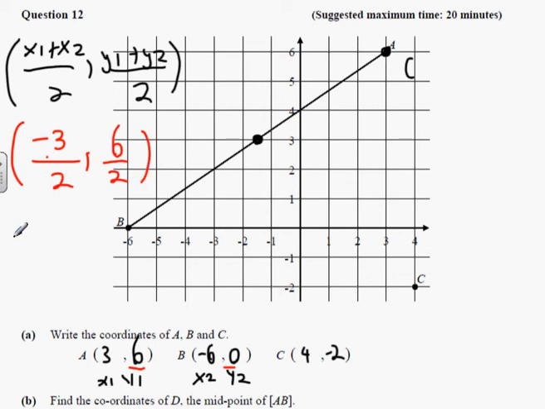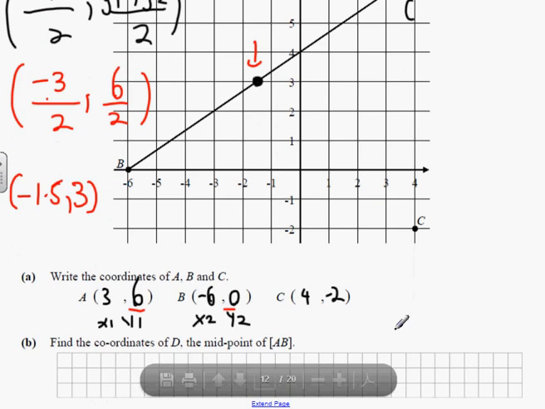What's minus 3 over 2? Minus 1.5. And what's 6 over 2? 3. Is that the point I pointed out earlier on? Yes. Minus 1.5 across and 3 into the air. We happy enough with that? Okay. That question is done.